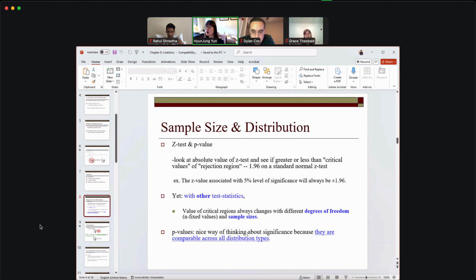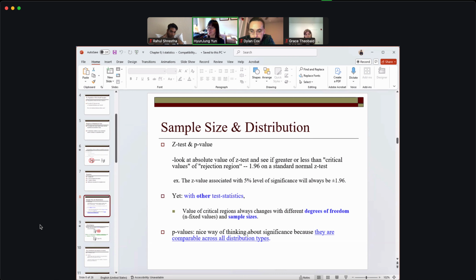Degrees of freedom and sample size are almost identical, but for each statistic you need to fix some values. From the sample size, subtract the number of values you fix for the test. That's the degrees of freedom.